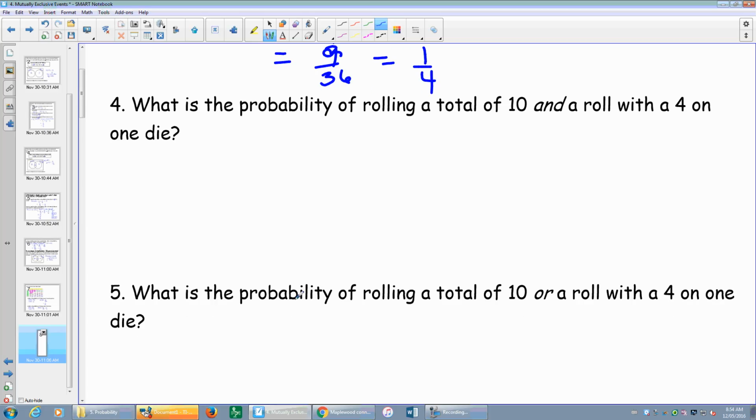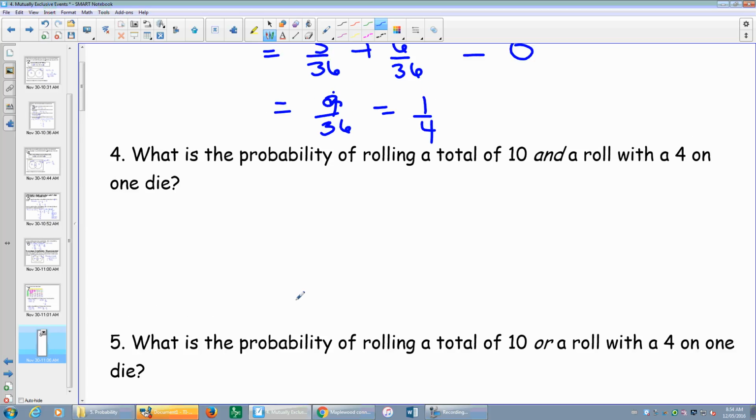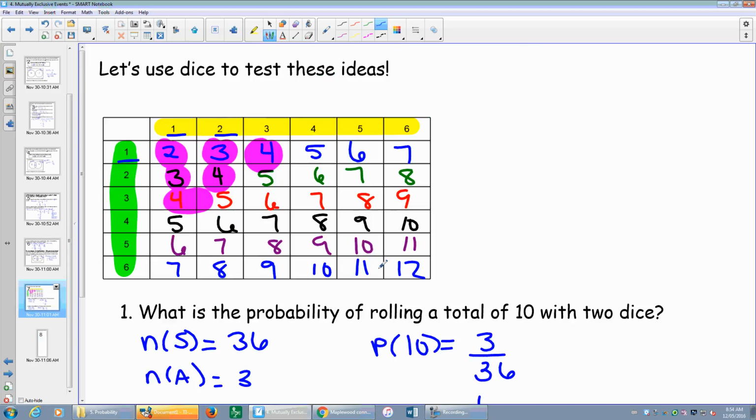Okay, the next example. What is the probability of rolling a total of 10 and a roll with a 4 on one die? So I want the probability of rolling a 10 and it has to have a 4 on one die. So if I look back up at my chart, my 10s are here. 10, 10, 10. Can I get a 10 with having a 4 on one of the dice?